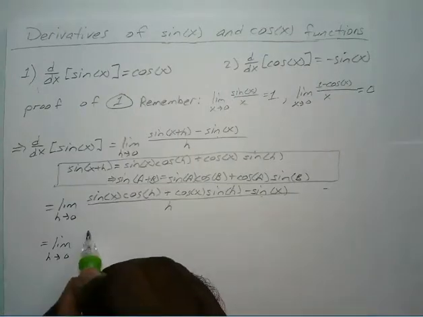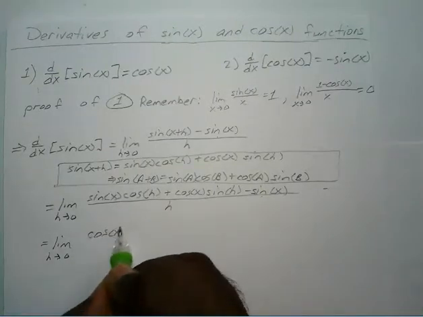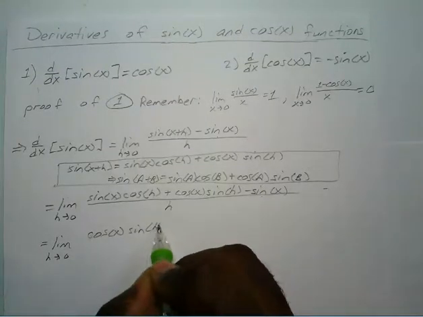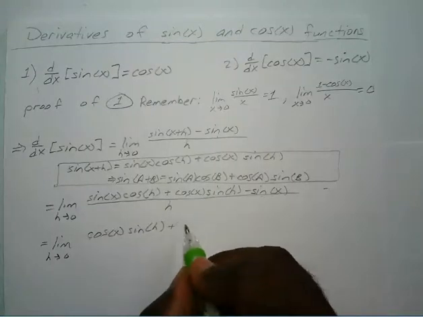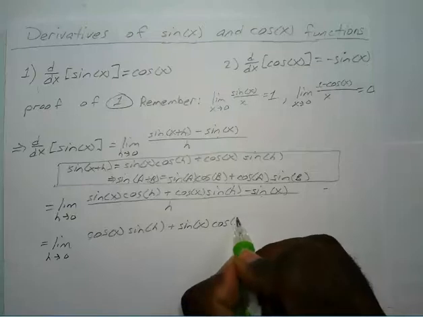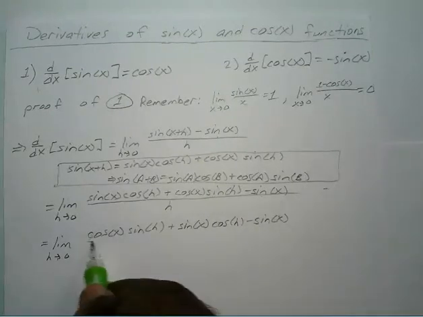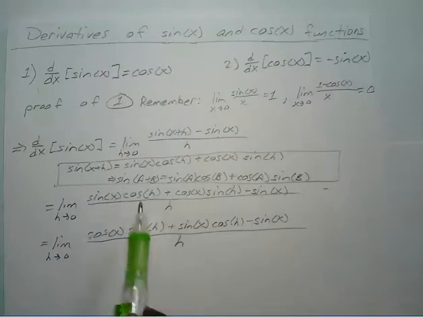So I'm just going to move that closer to that one. So you have cosine of x sine of h plus sine of x cosine of h minus sine of x, all over h. Instead of moving the minus, just move the plus over.